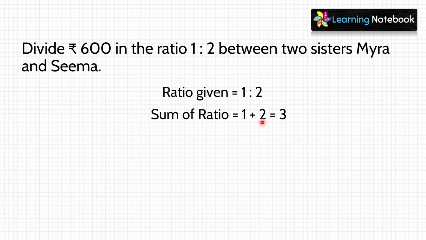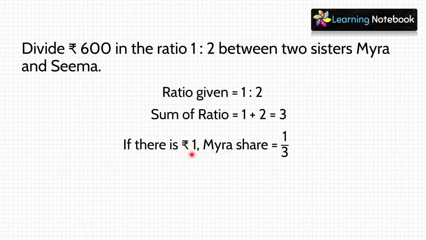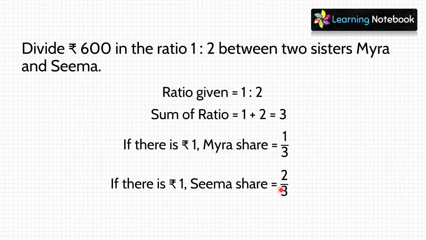Now, if there is only 1 rupee, then Myra's share will be 1 by 3 and Seema's share will be 2 by 3.